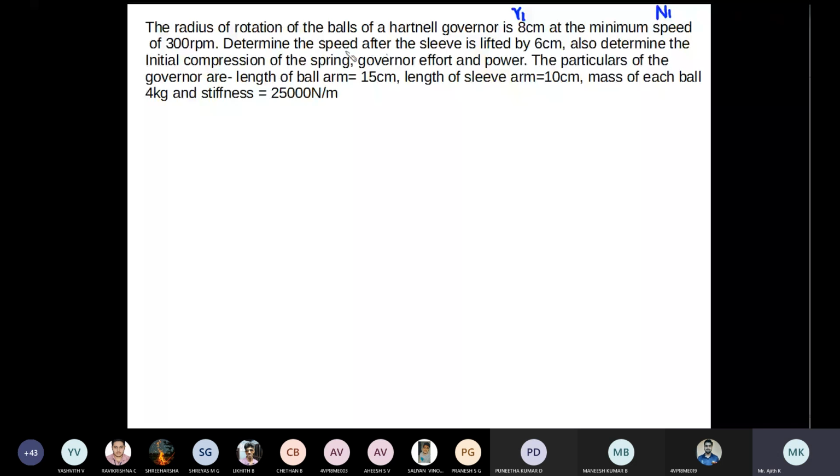Determine the speed after the sleeve is lifted by 6 cm. This sleeve lift is x. In the previous problem we have seen the lift of sleeve is given as small letter x, here 6 centimeter. So you have to determine the speed, that means N2. Also determine the initial compression of the spring.